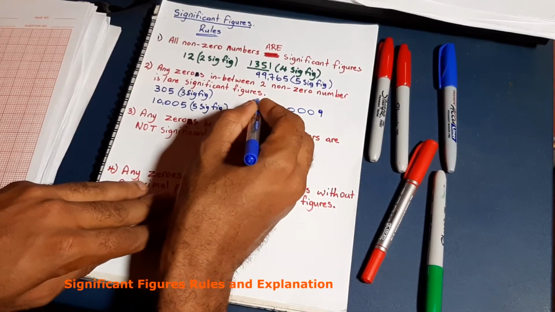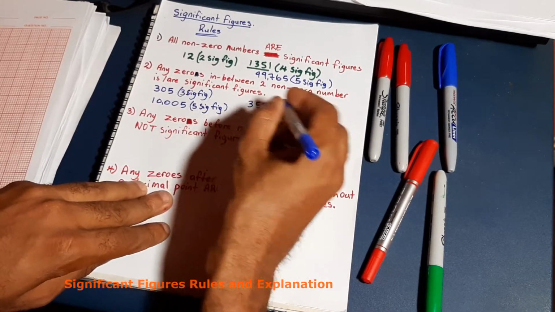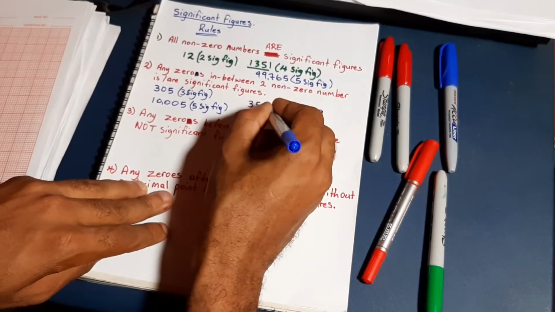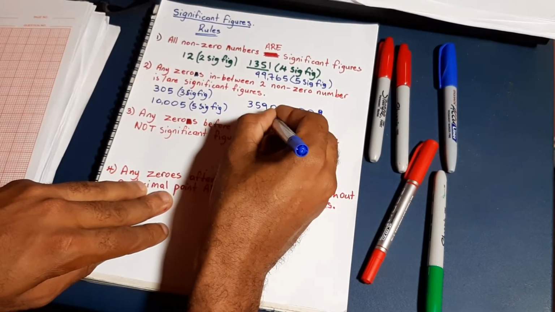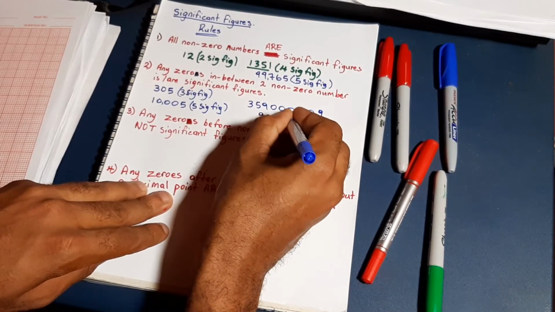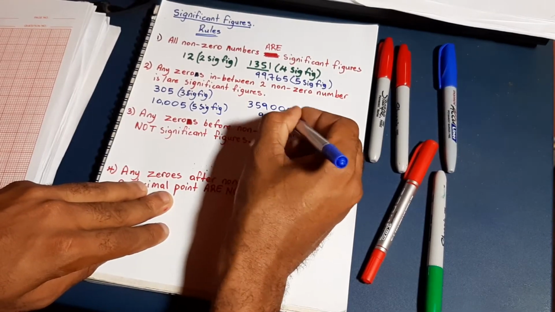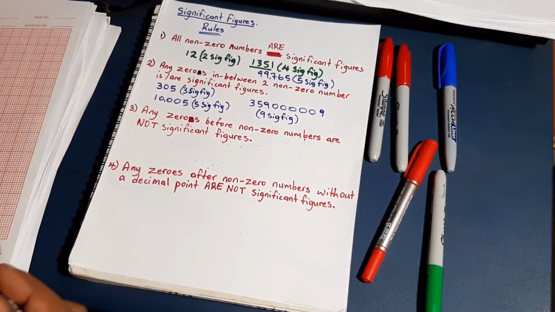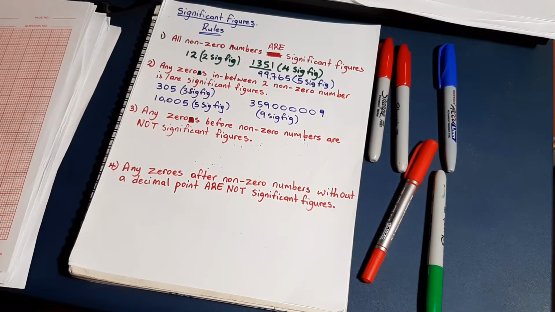So this figure is written to 9 significant figures. So remember, for rule number 2, any non-zero numbers or any zeros in between two non-zero numbers are significant figures.